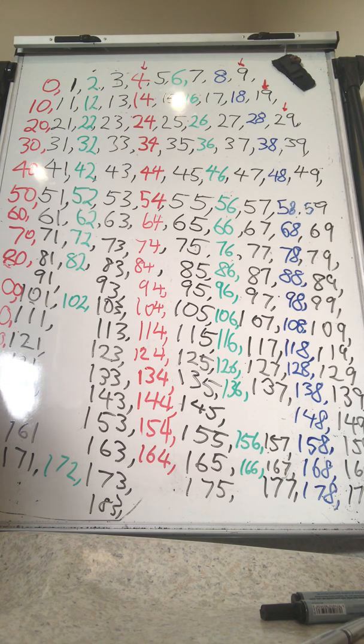It's 72. So 9 times 8 is 72, okay? And if you believe what I said earlier, then 9 times 8 is the same as 8 times 9. So 8 times 9 is also 72.